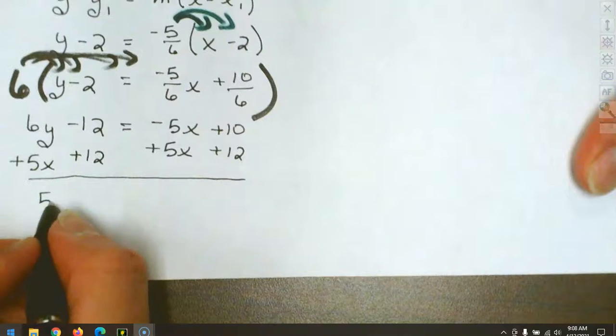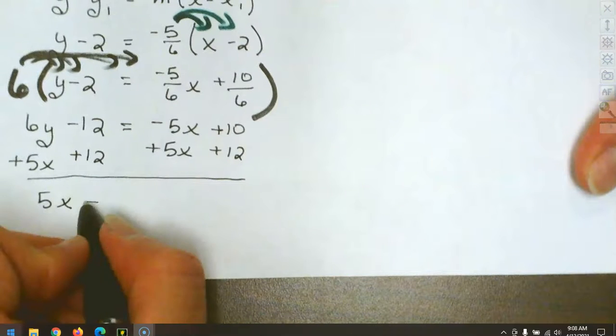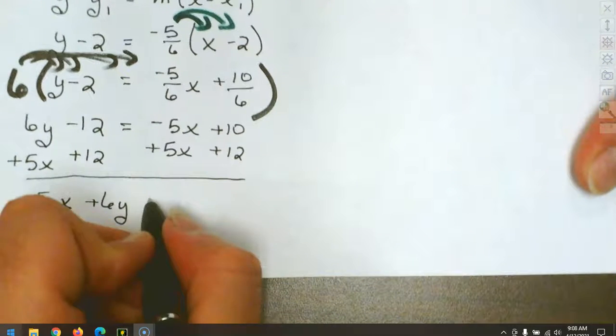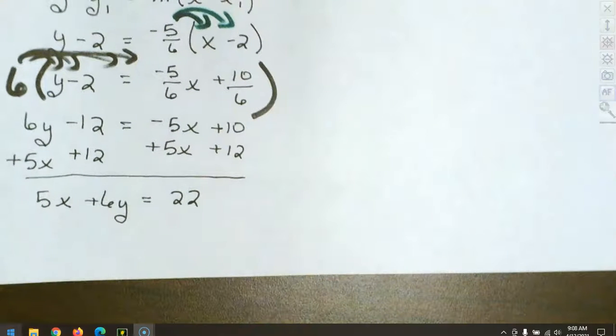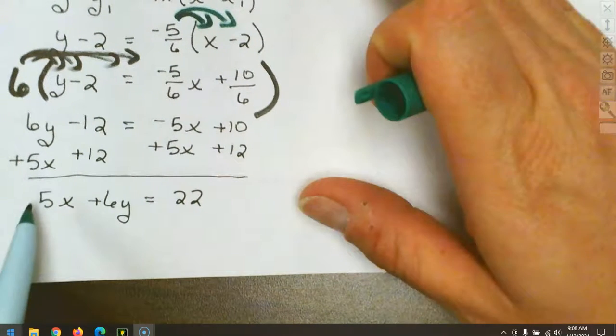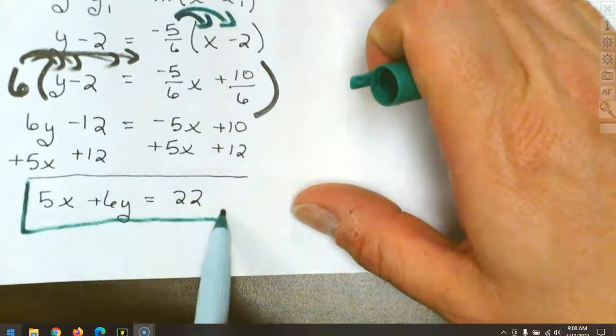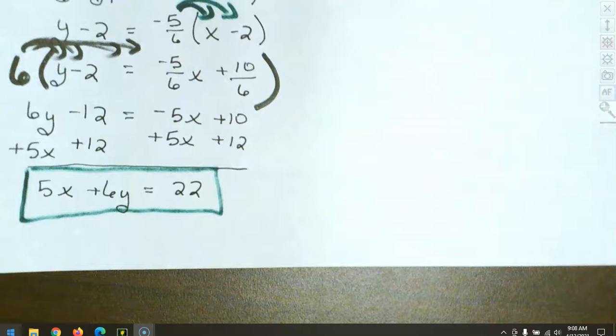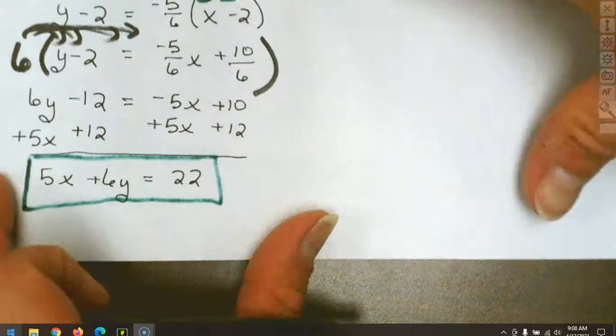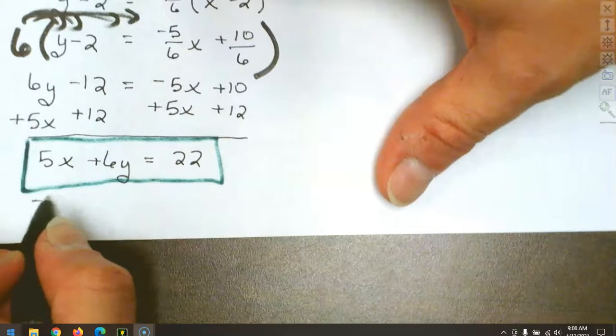Now we've got 5x plus 6y equals 22. And there is your answer in standard form. Now we also need to get this in both standard and slope intercept. We've got it in standard form. Let's go ahead and get this now in slope intercept. So what would we do? Move that 5x back over.